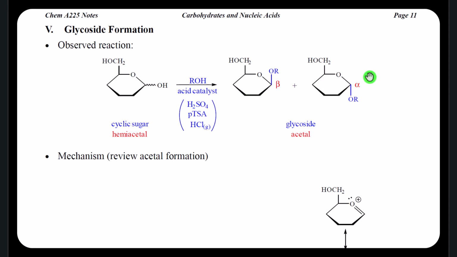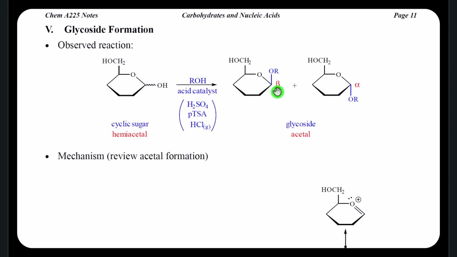When we form the product at the anomeric center, we typically are going to have two stereoisomers available, one where the oxygen to carbon group that has been added is cis to the tail.